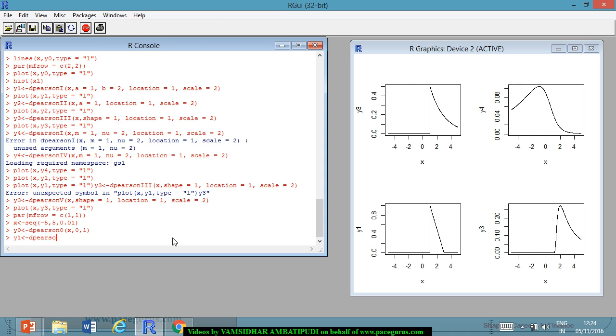So dpearson1, let me take X and parameters 1, 2, 3, 4. First two are the two shape parameters. Then I have one location and one scale parameter. Right, location parameter, actually let me take it as 0. Then probably I'll take the scale as 3.